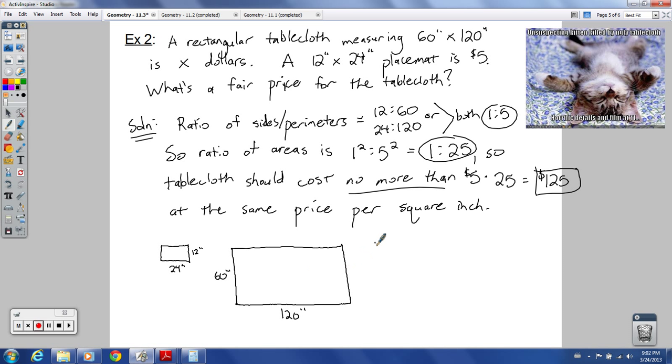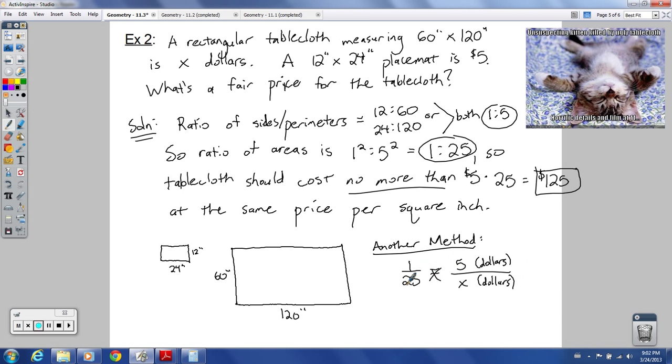We could set up a proportion. So this is another way to think of this. You could say this 1 to 25 ratio would equal, because it's not always going to be as easy as just multiplying two numbers together. Sometimes the ratio of the areas might not be quite so nice, or it's just a 1 to something comparison. So this would be $5 to X dollars.